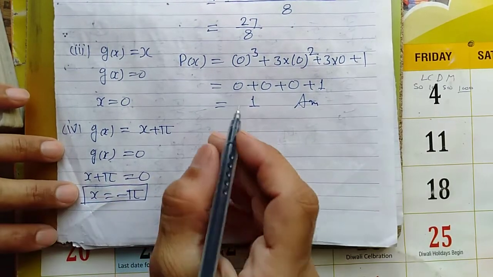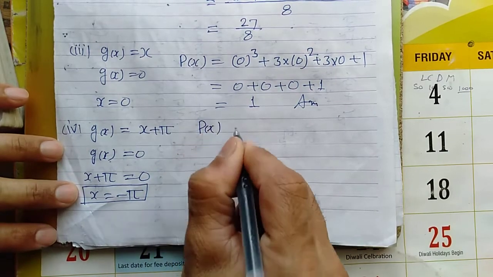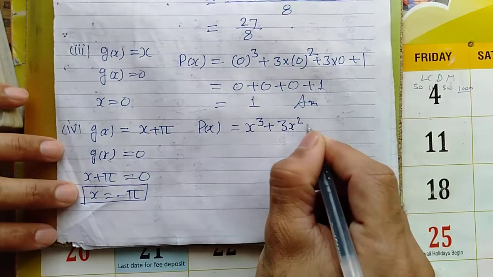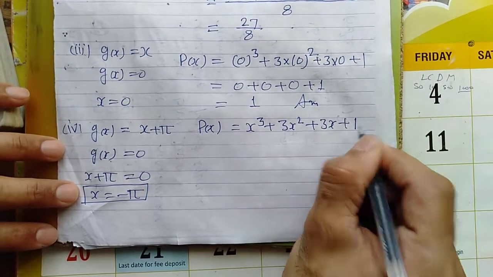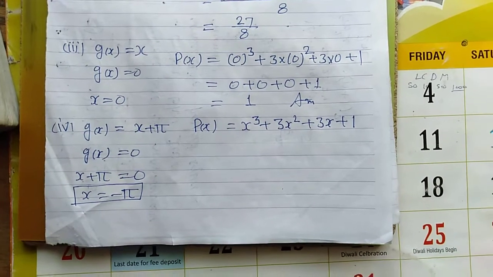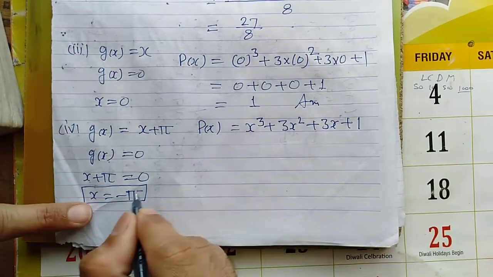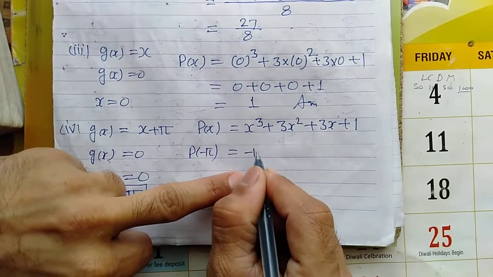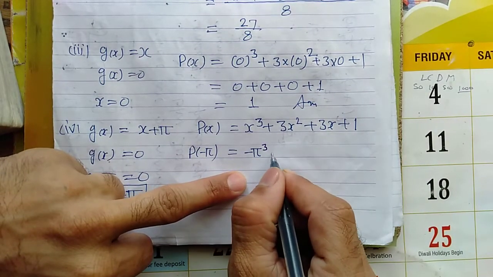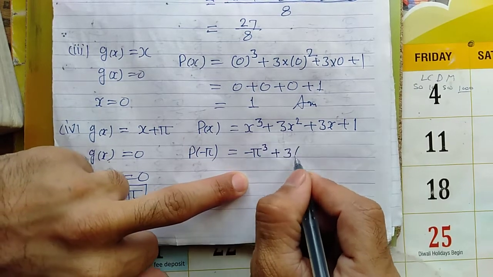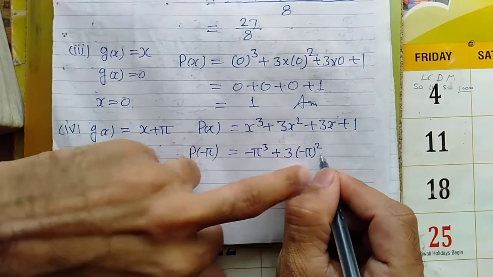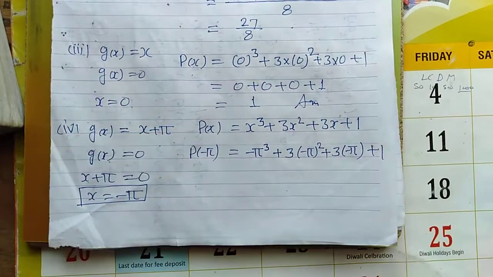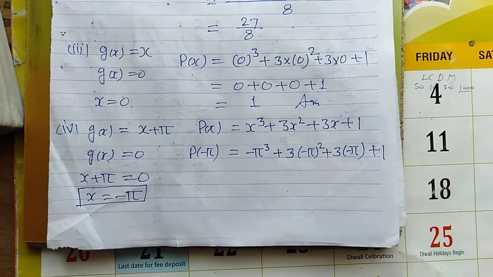which we have to put in the polynomial, and the polynomial is px equal to the same polynomial given, x cube minus 3x square plus 3x plus 1, right? Now put x equal to minus pi, so p of minus pi is equal to minus pi cube plus 3 minus pi square plus 3 multiplied by minus pi and plus 1, right?